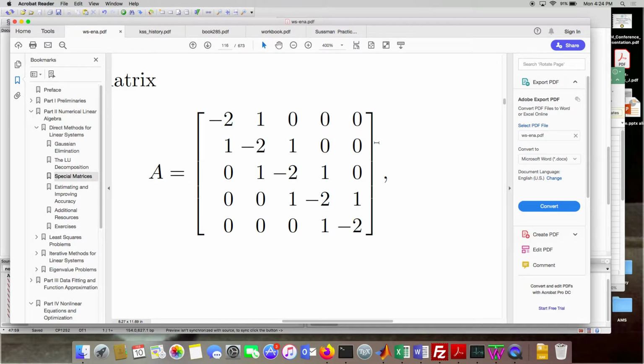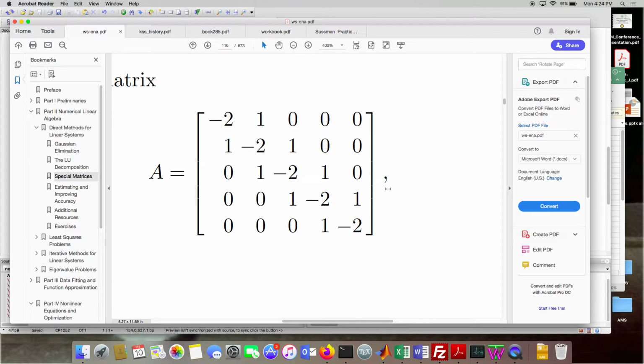So if I have values of a function evaluated at equally spaced points as a vector, and I multiply this matrix by that vector, and then divide by the spacing squared, that's the result. This matrix times that vector approximates the second derivative at those points. So this is used all the time in numerical solution of PDEs.